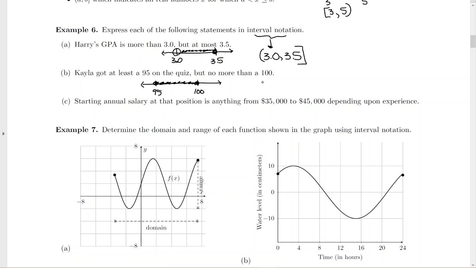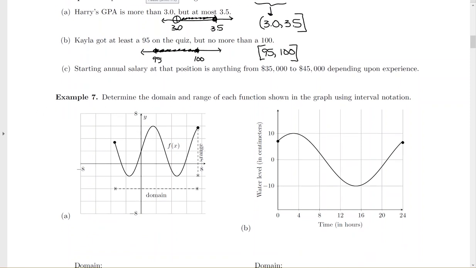So in interval notation, we're starting at 95. We're ending at 100, and because both of those have solid dots on them, or filled in, we're looking at brackets. And you should get to the point where you don't have to use the number line, but you can just think about what are you starting at, what are you stopping at.